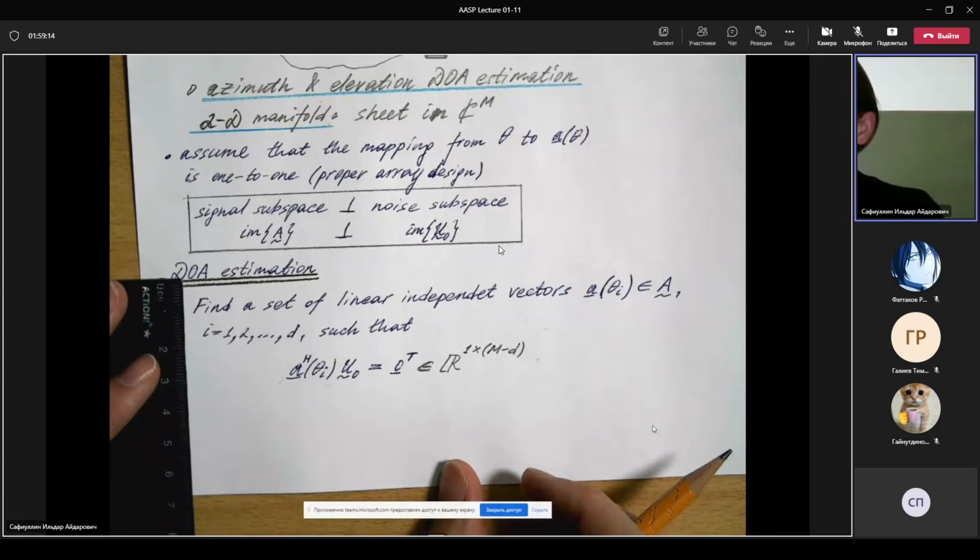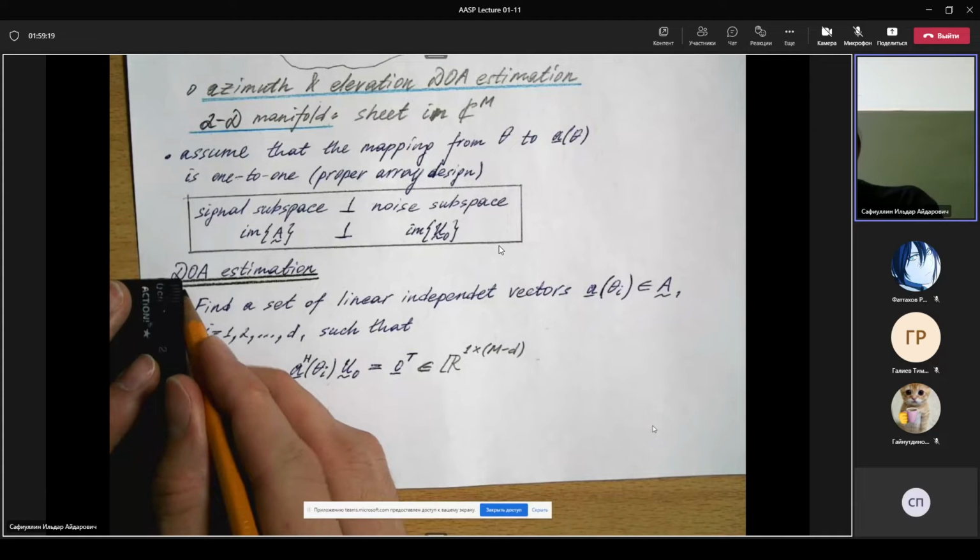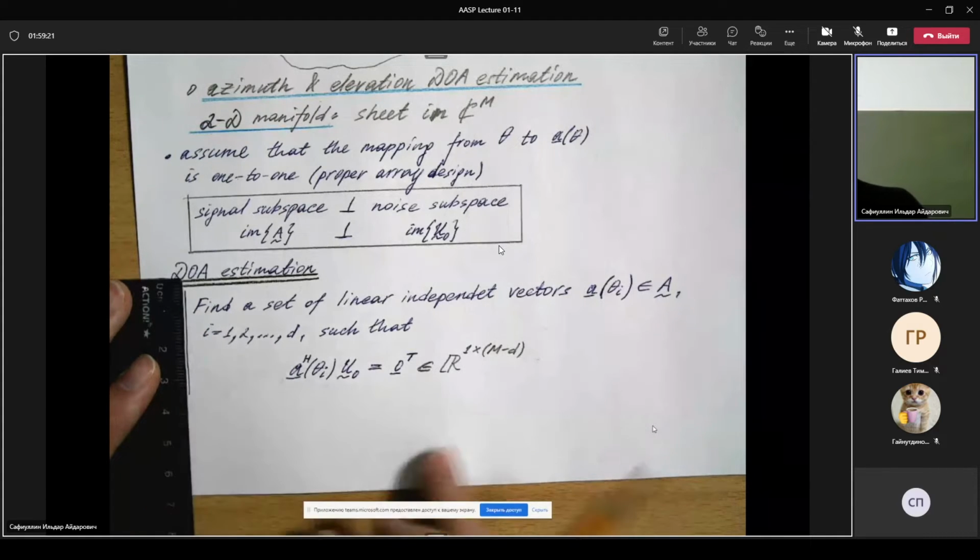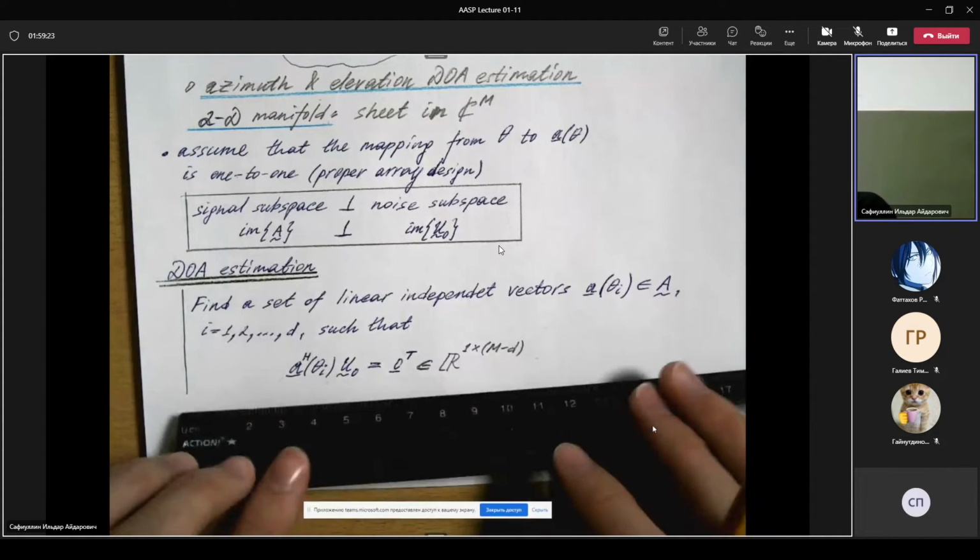So I will put our goal for this direction of arrival estimation for spectral MUSIC algorithm into a box.